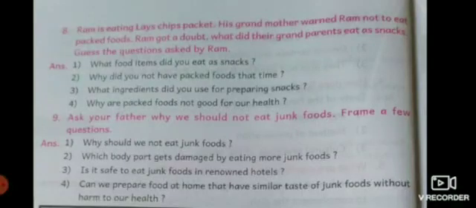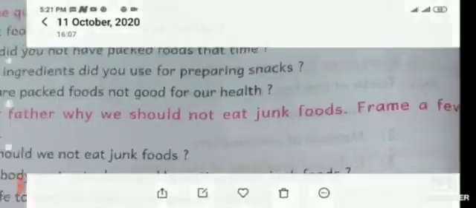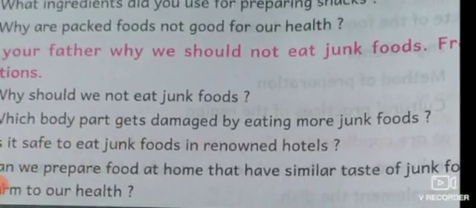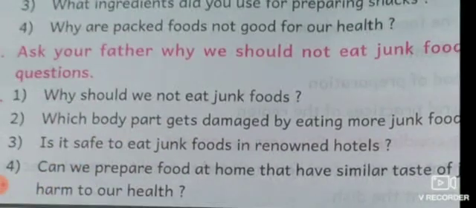Which body part gets damaged by eating more junk foods? Children, I already told in this lesson, by eating more junk foods, mainly our digestive system is affected, and we will become obese, and we will suffer from many health issues.